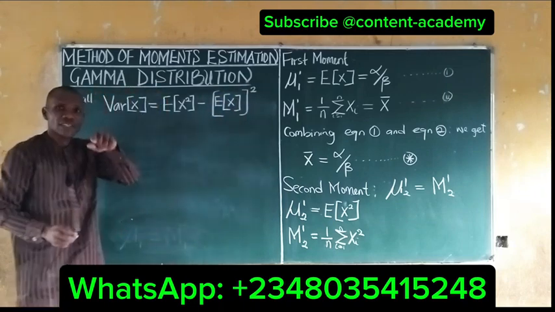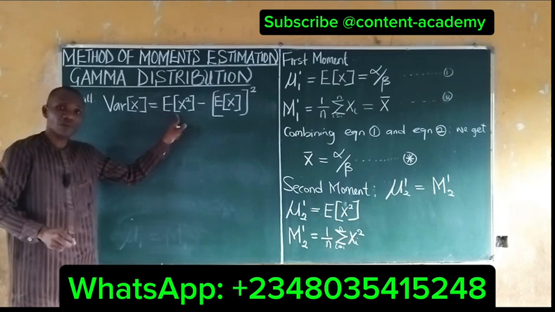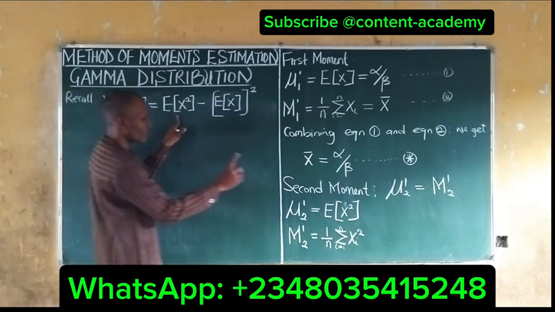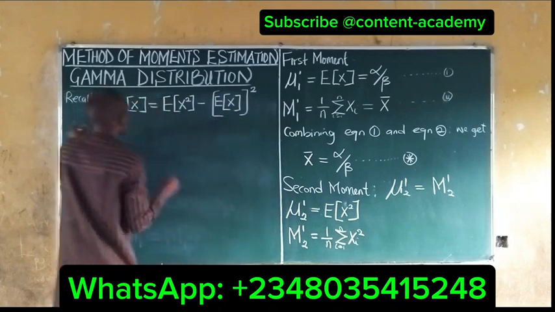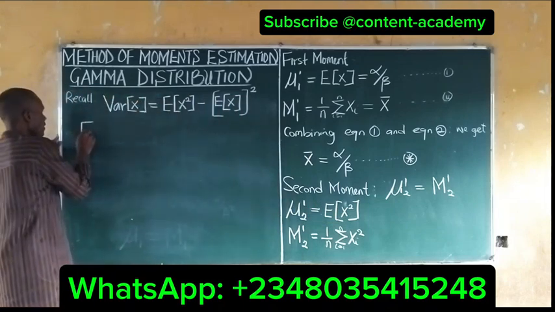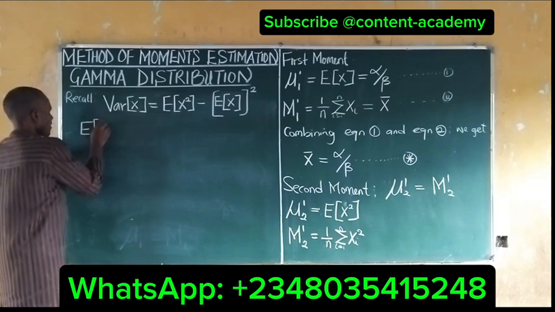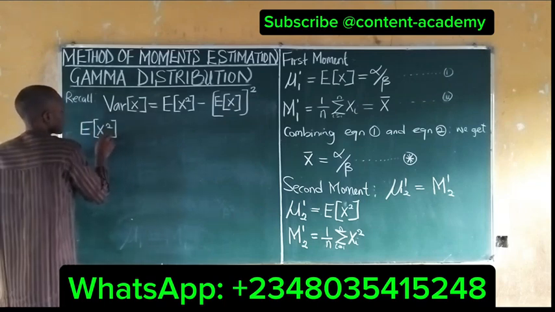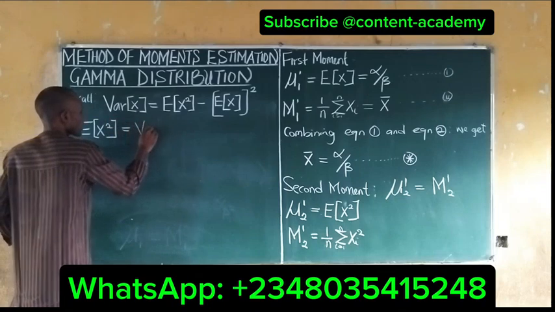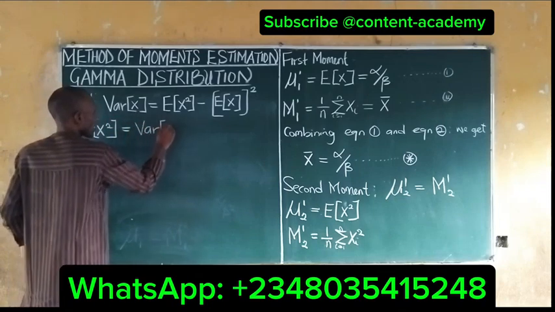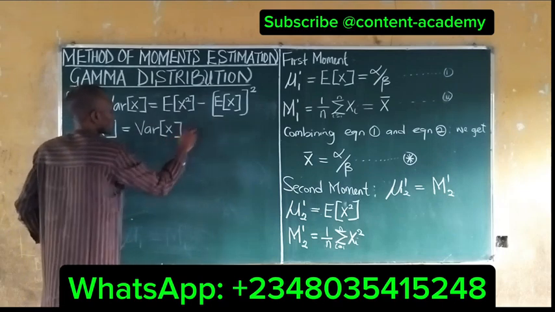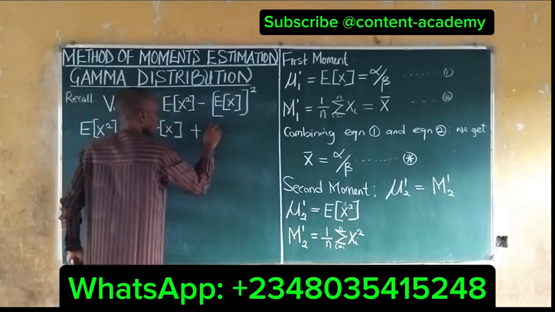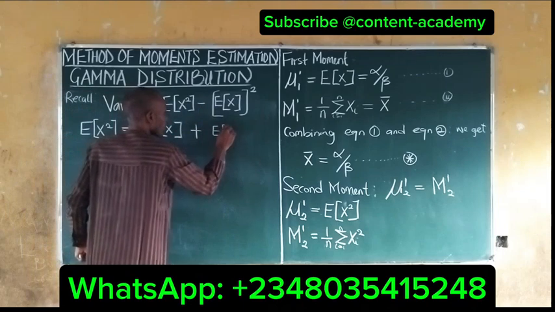This is the variance. Then, if we make this the subject of the formula, we can say the expected value of x squared is equal to the variance of x plus the expected value of x all squared.